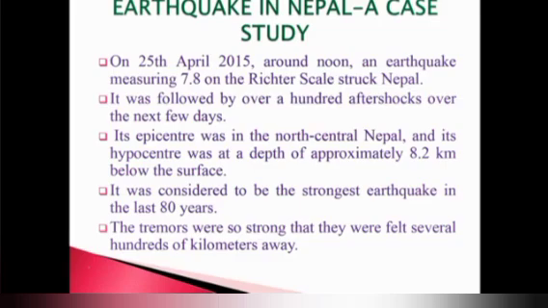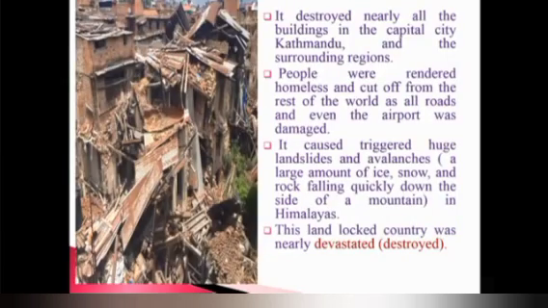The tremors were so strong that they were felt several hundreds of kilometers away. Then it destroyed nearly all the buildings in the capital city Kathmandu and the surrounding regions.